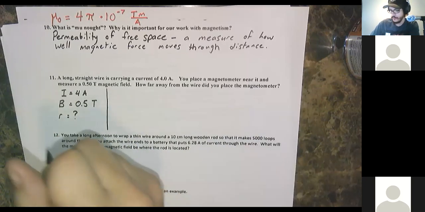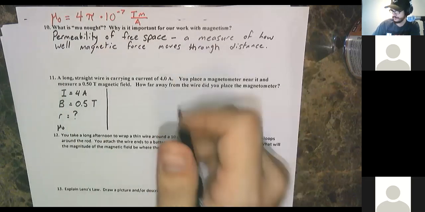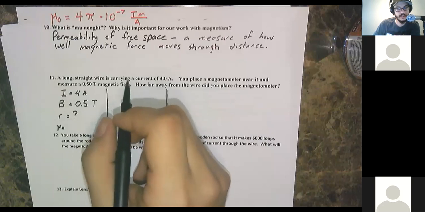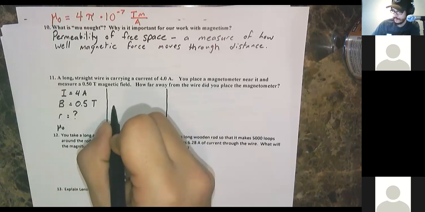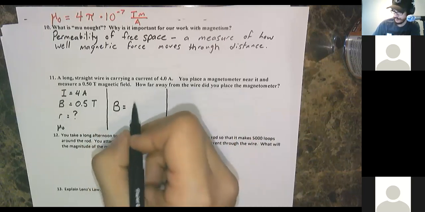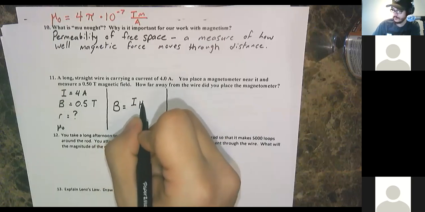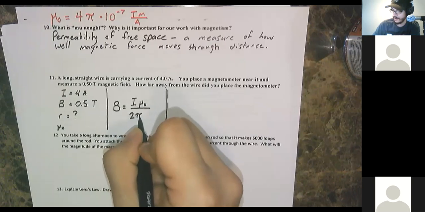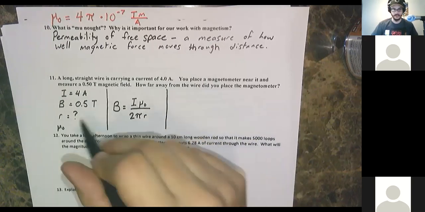All right. We also need mu naught, but I've already written that. The equation to figure out the magnetic field around a long, straight current-carrying wire is magnetic field measured in Tesla is equal to current measured in amperes times mu naught divided by 2 pi r, the radial distance from the wire, which is what we want to know. We want to know the distance from the wire.